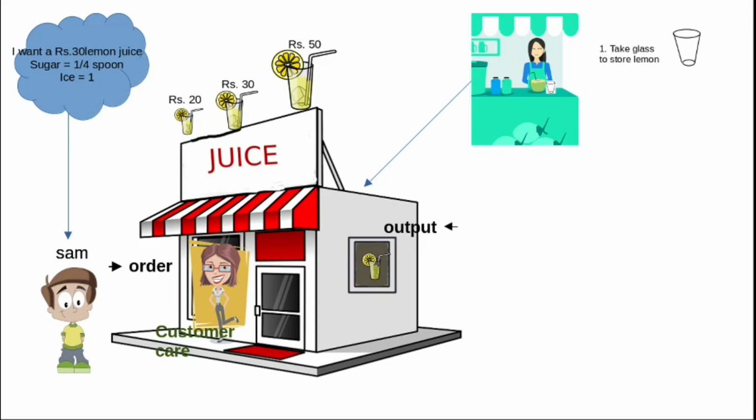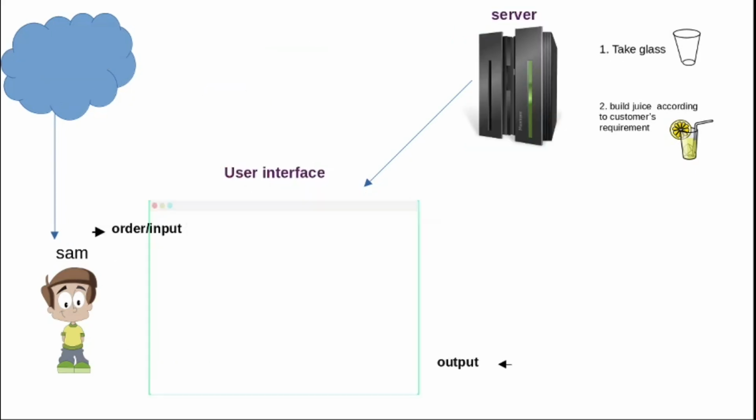Now she took the empty glass. Now she built the juice according to the customer requirement. She added the sugar, 1/4 spoon, and ice, and then you finally got the result in the window. Likewise, instead of the customer care, you can imagine the user interface, a web browser, Google Chrome, Mozilla, whatever you like.